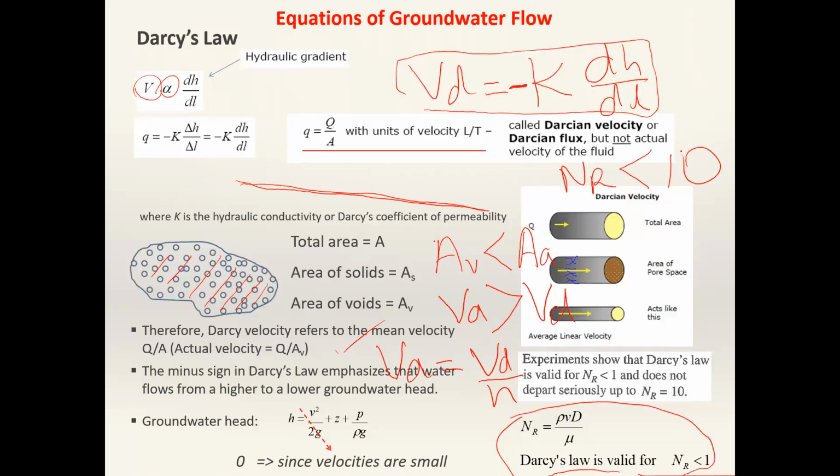So you can use it up to 10 according to the literature. But in general, we accept that if the Reynolds number is less than 1, then Darcy's law produces accurate results. Okay, so you need to remember that for Darcy's law to be applied, the Reynolds number should be less than 1.